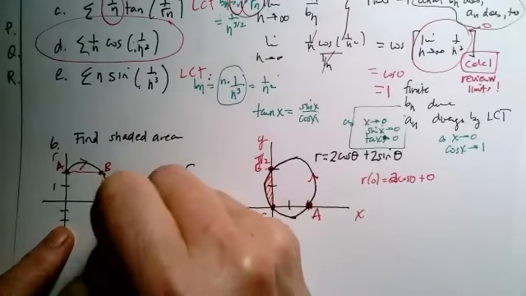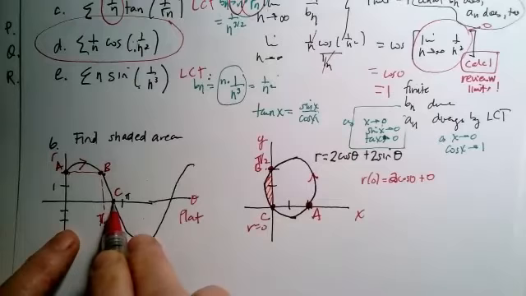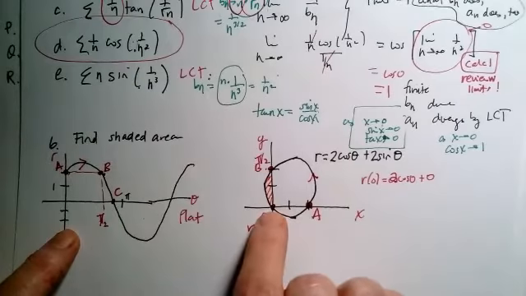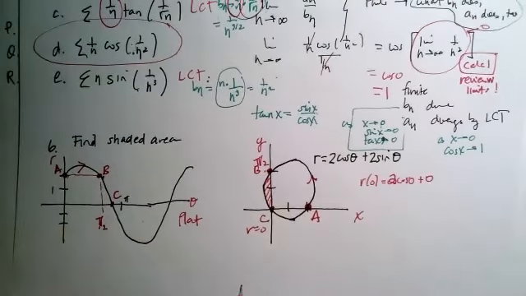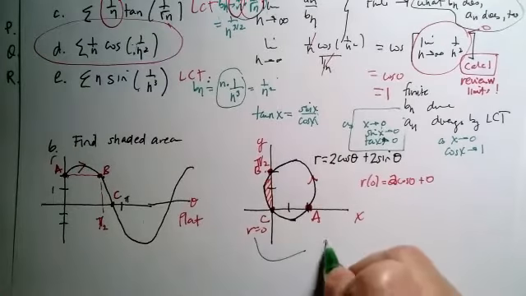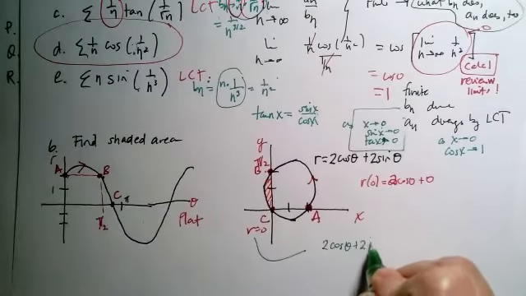So that corresponds here. Now, how are we going to find the angle that corresponds to an R equals 0? Plug it into the formula. Okay. So over here, we're going to say that 2 cosine theta plus 2 sine theta is equal to 0.